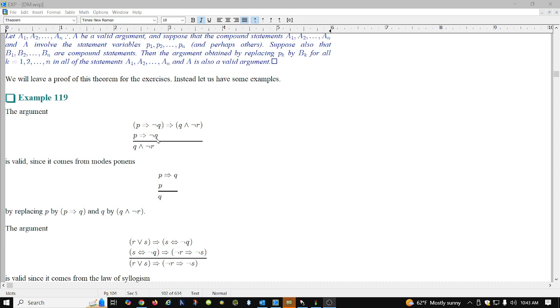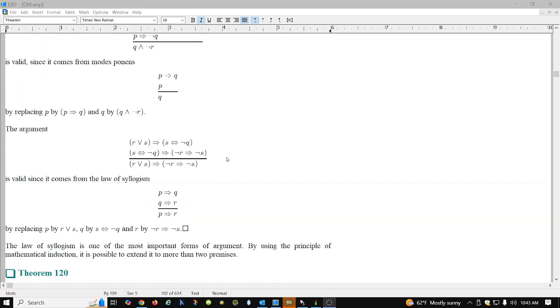P implies not Q. And Q is replaced by Q and not R. So we know immediately this argument is valid. This argument is a substitution instance of the law of syllogism. P is replaced by R or S everywhere it appears, in two places, and so on.